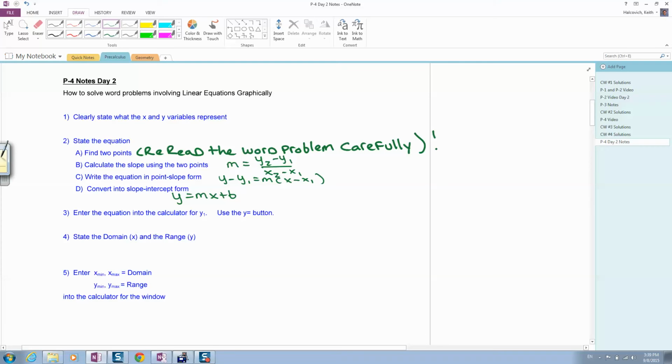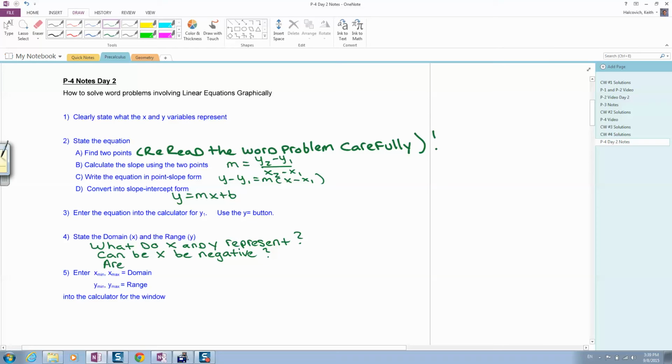So the next thing we want to do is state the domain and range. And remember, the domain is x. So you want to think about, what do x and y represent? You also want to think about, can x be negative? If you're talking about years, you can't have negative years. So you have to ask yourself, can x be negative?